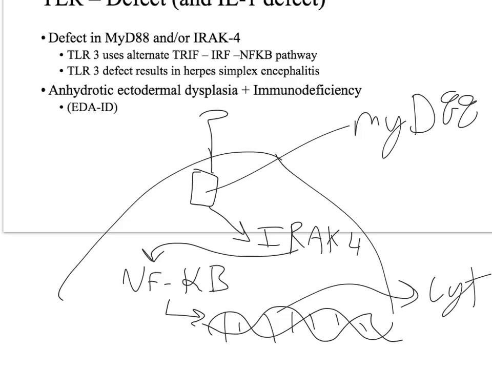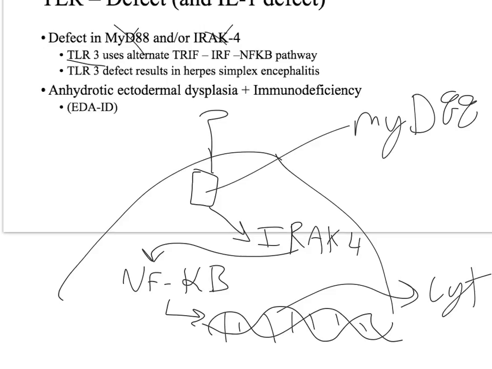There are several different defects in TLR signaling. The most common are defects in MyD88 and IRAK4. You can also have defects in TLR3 specifically, but let me back up.